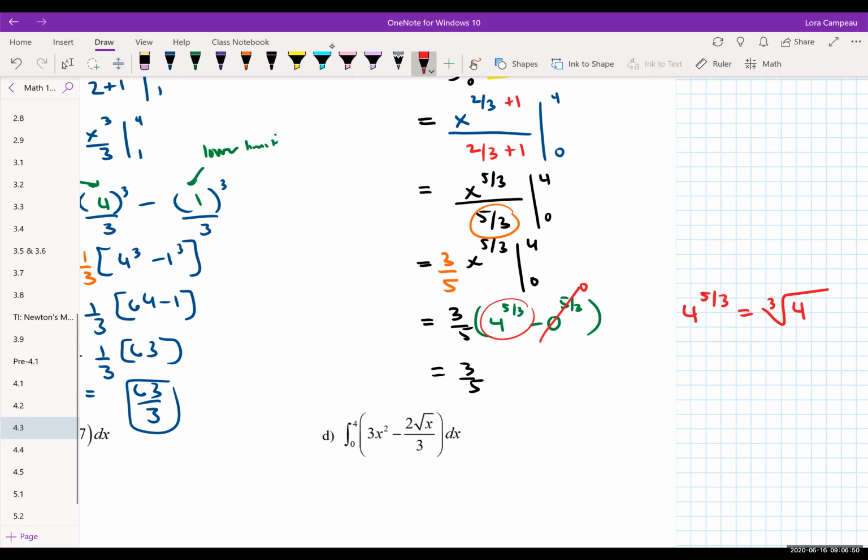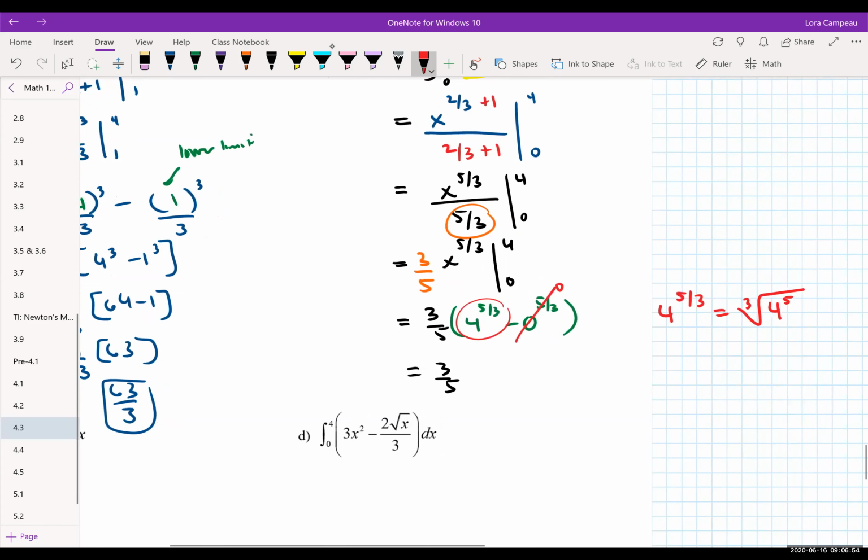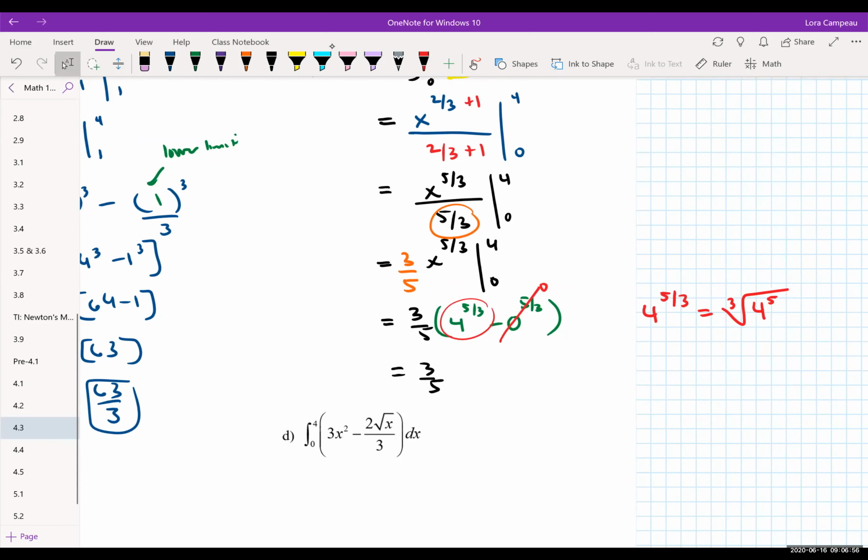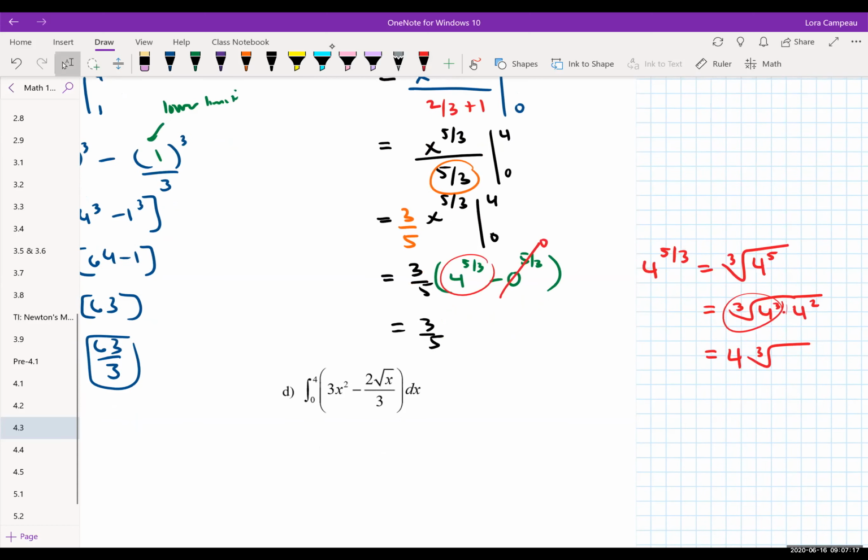If that's something interesting, I don't know. And so if we have a cube root of 4 to the 5th, we could say that's the same thing as the cube root of 4 cubed times 4 squared. So for sure you can take a 4 out, but then you have the cube root of 4 squared. But then you're thinking, wait, 4 squared is 16.